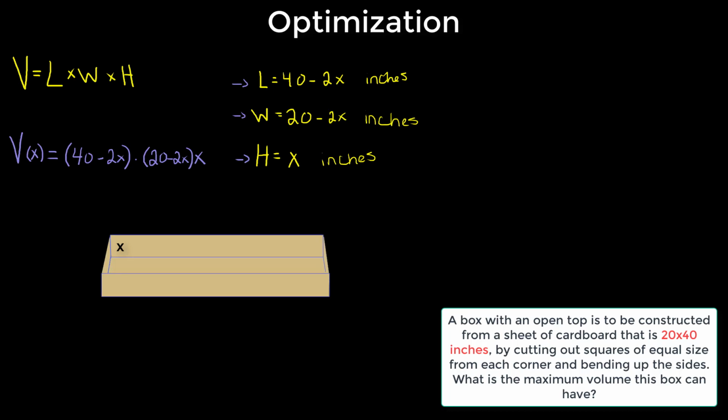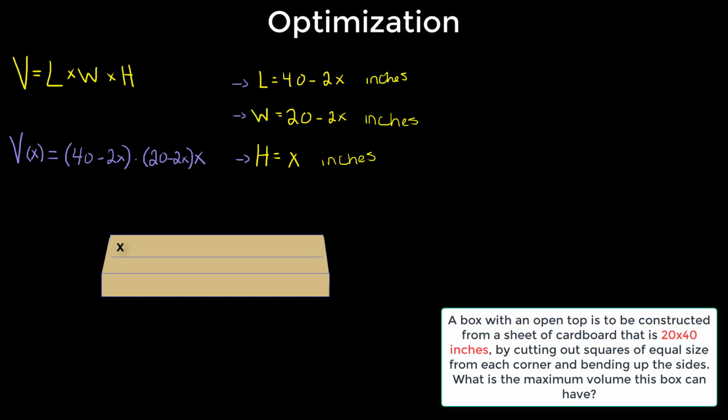Now, before we continue to optimizing, we want to make sure that we identify an appropriate domain. Here's what I mean. If we're taking a look at each of our dimensions, our length, width, and height, well, it looks like our height isn't really restricted, but our length and width are. Take a look at our width, 20 minus 2x.